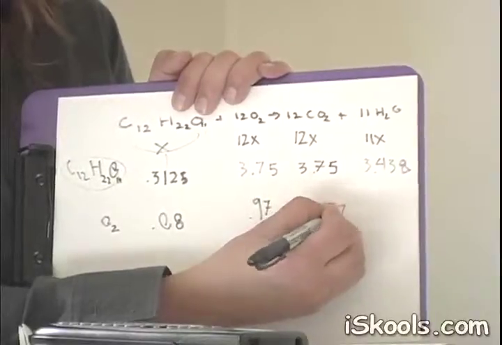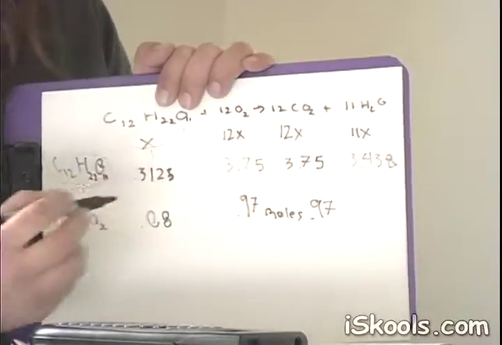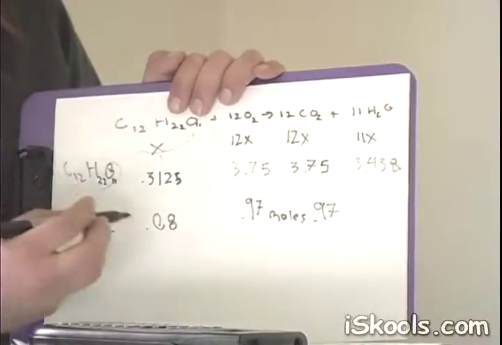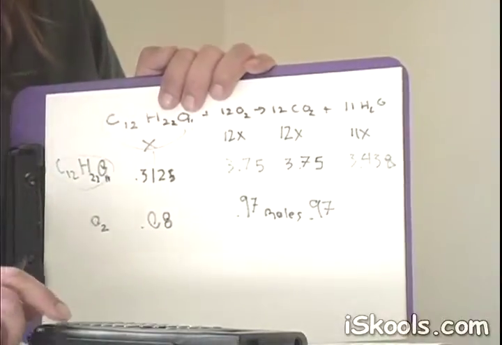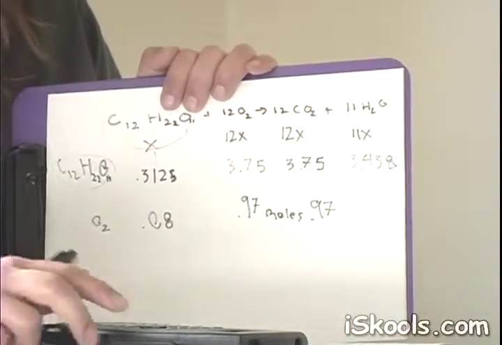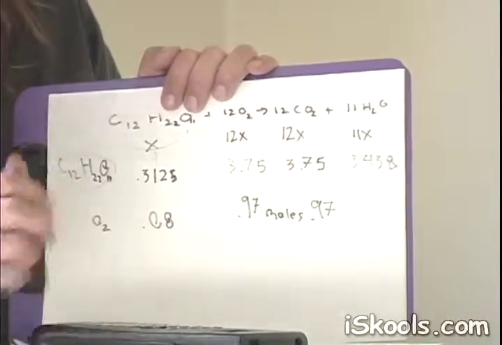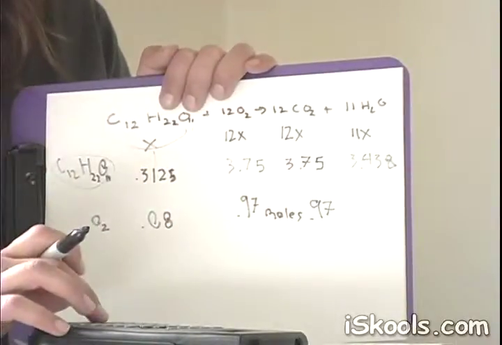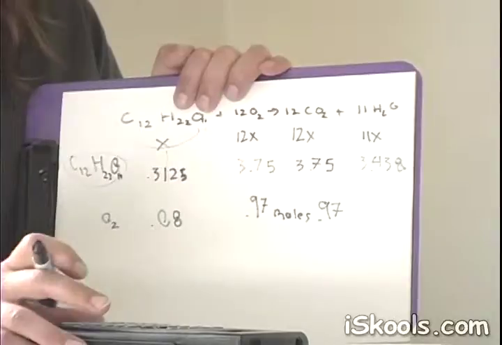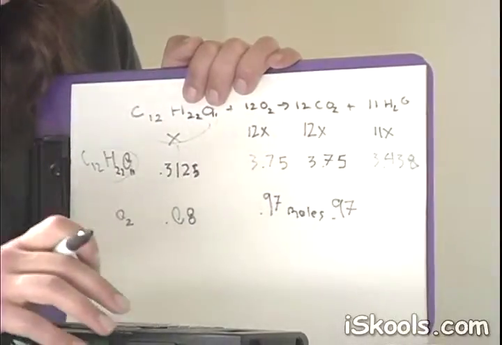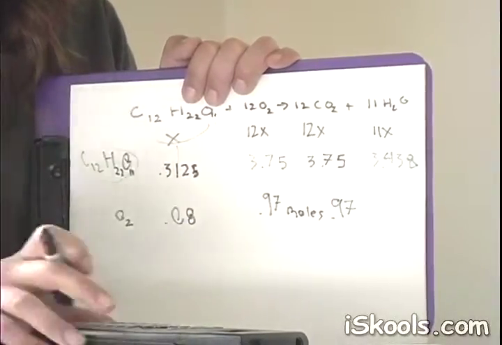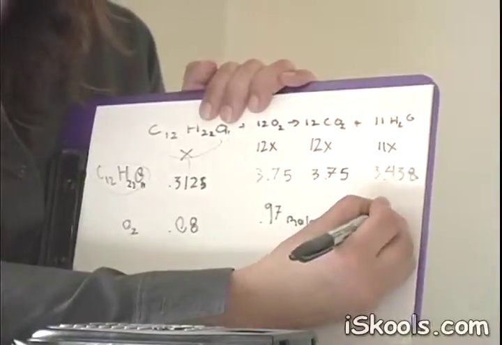It'll be 0.97. Now for 11x, I'm going to just want to take the 1x, which was 0.08, and then multiply that number times 11. That actually equals 0.89.